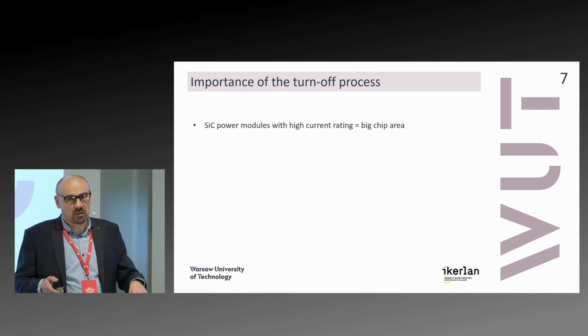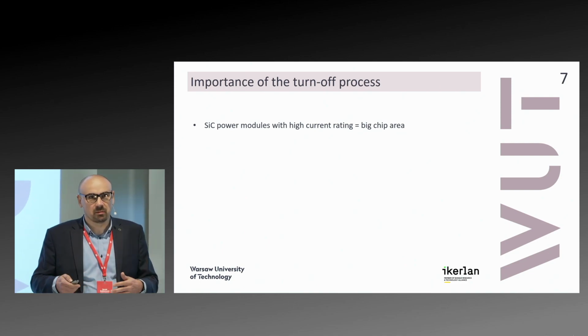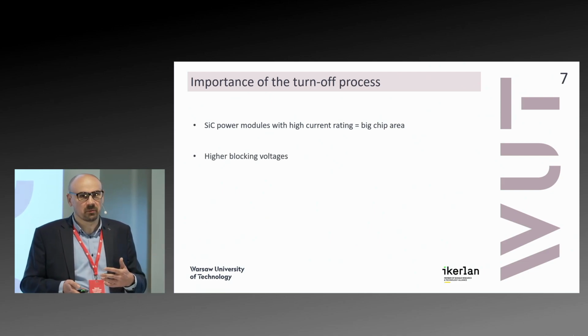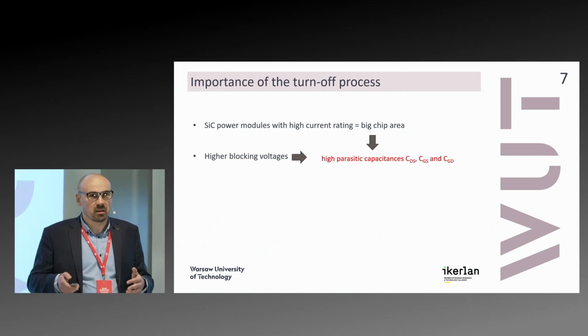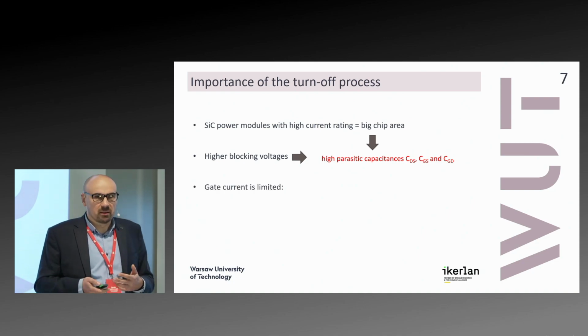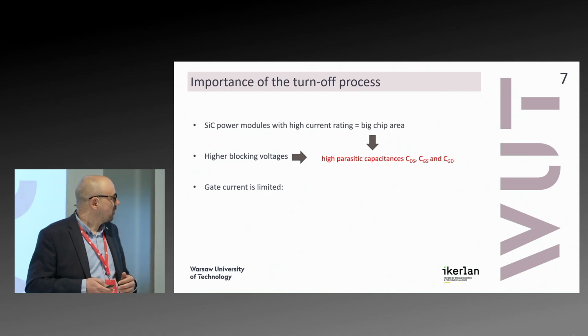We obviously have a few chips in parallel, and also the chips have a big chip size, so they are also rated at 1700 V or 3.3 kV. So basically, we have a huge capacitance inside. So this lossless switching is rather not possible.